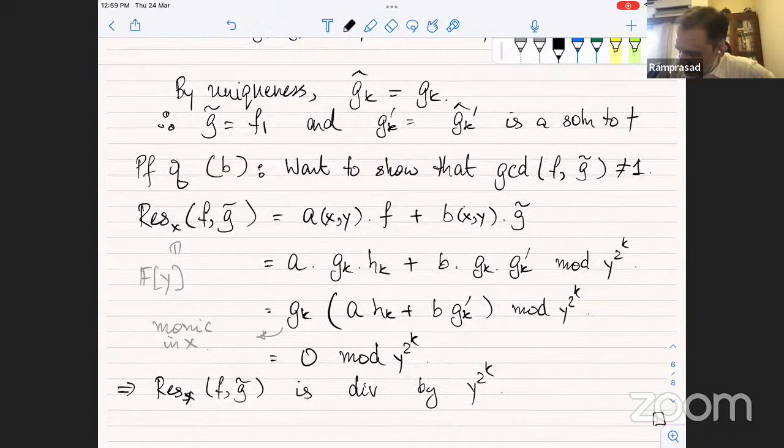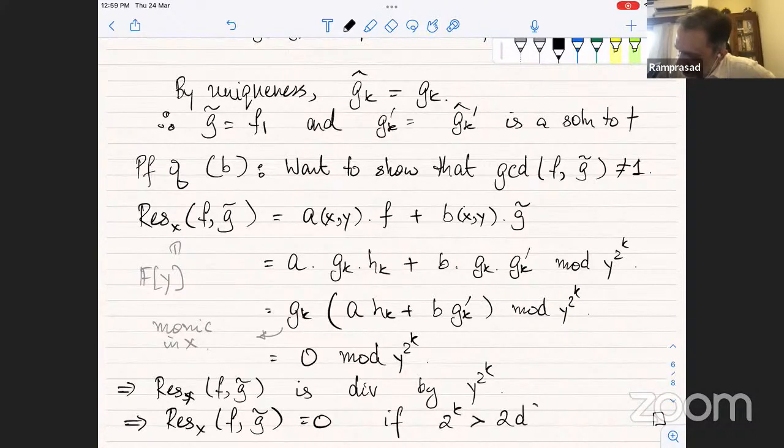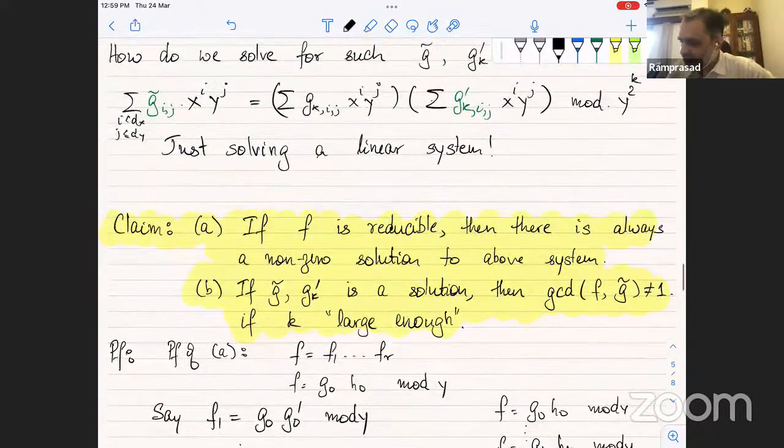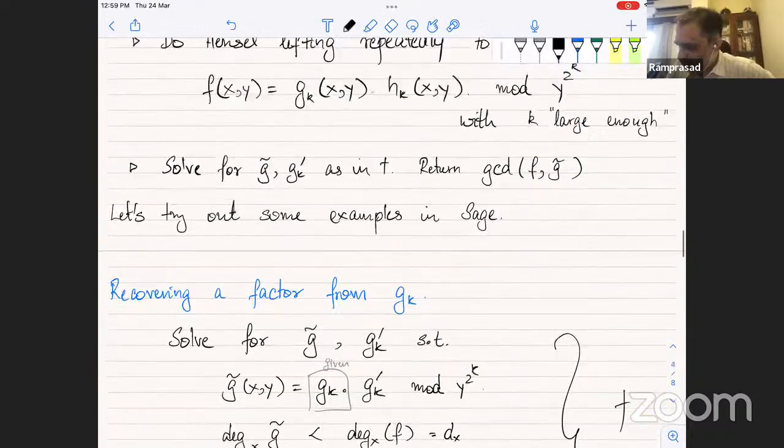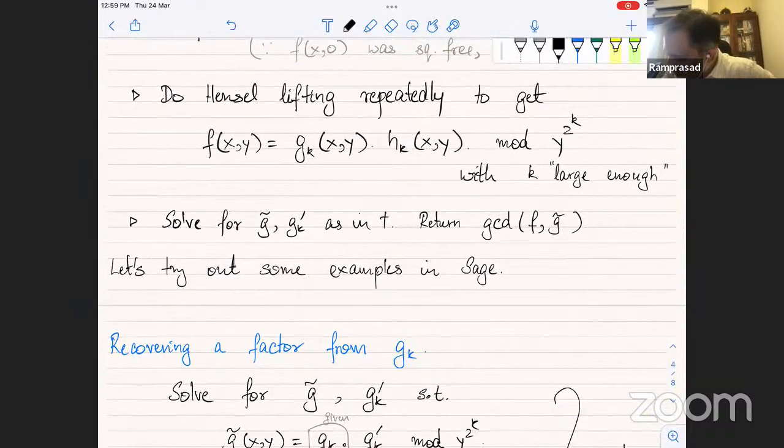So this implies that the resultant with respect to X of f and g tilde is equal to 0 if 2^k is bigger than 2d squared. So in the above algorithm, when we said choose k large enough, what we are actually doing is choosing k such that 2^k is bigger than 2d squared.